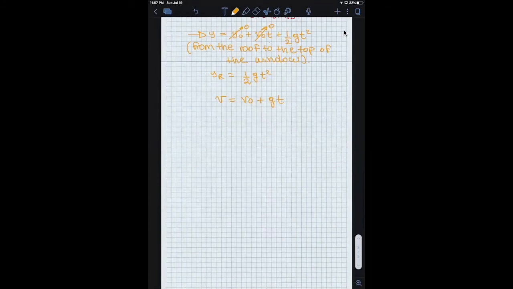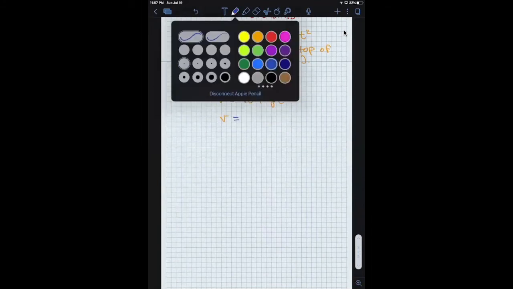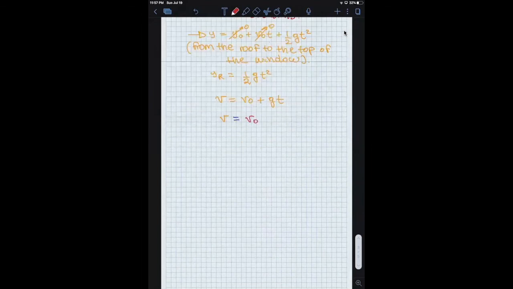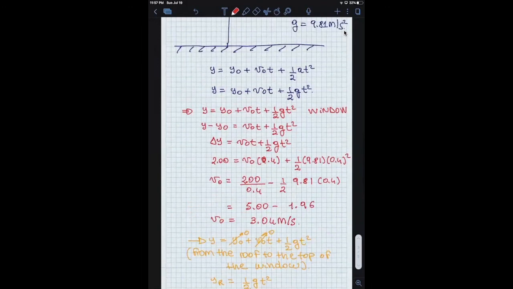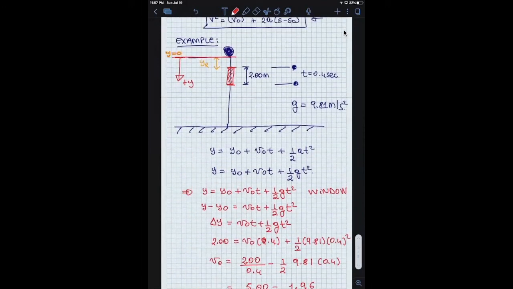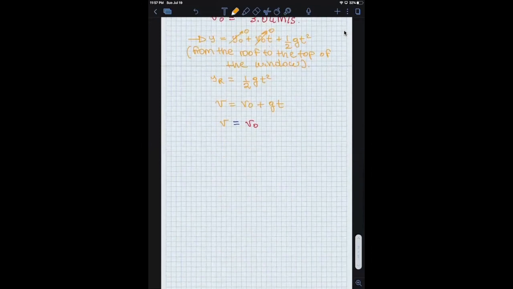V final, v in orange here, is the same as v naught in red. Think of it: v naught in red is right here at this point, but that is the same as the v final of orange right here.